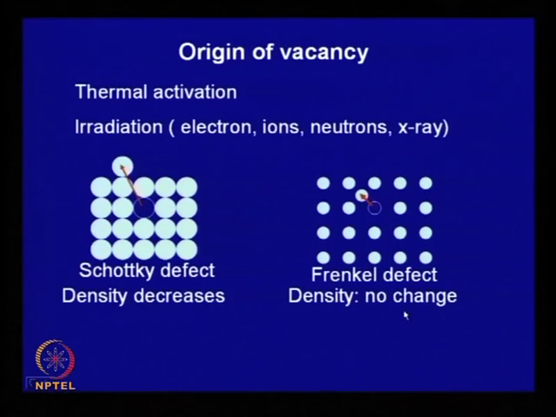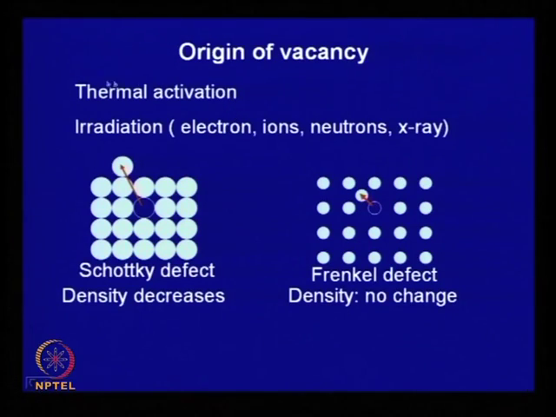Now, let us look at the origin of vacancy. When we calculated the number of vacancies you can get under equilibrium at a particular temperature, we implicitly assumed that to create a vacancy you have to give some amount of thermal excitation.